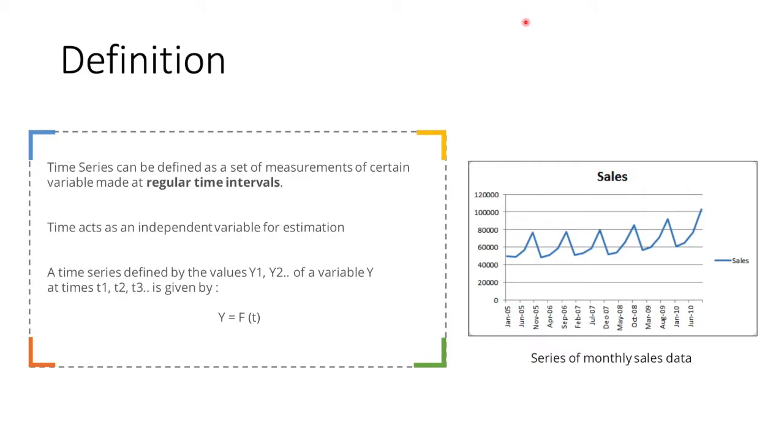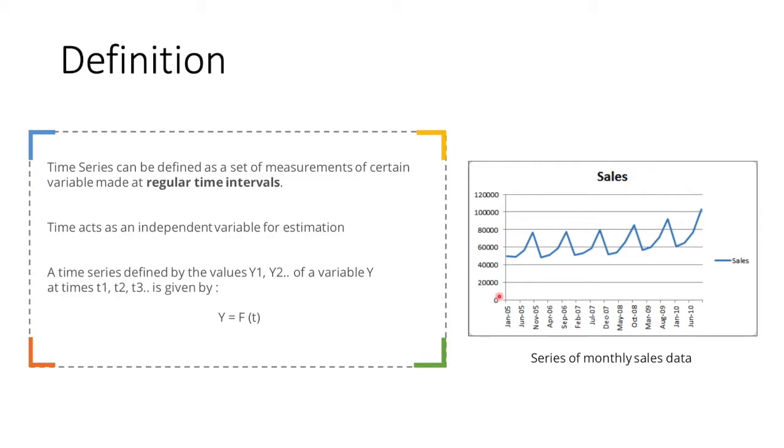Time series models are useful when you have serially correlated data. For example, on the right-hand side, we have a plot of monthly sales data. From this plot, we can see the only independent variable on the x-axis is the time step, and the y-axis, the dependent variable, is the monthly sales data.